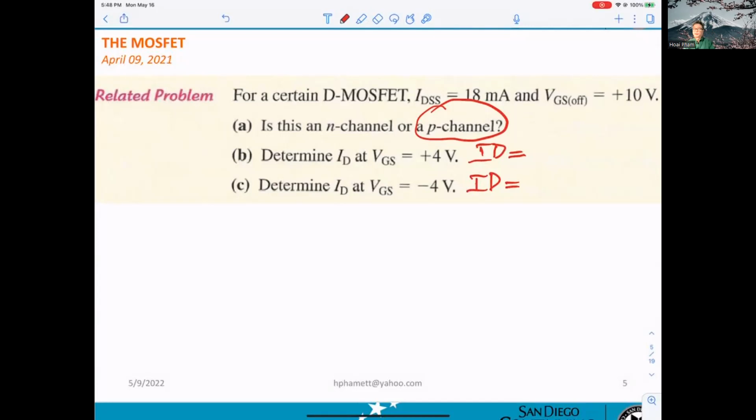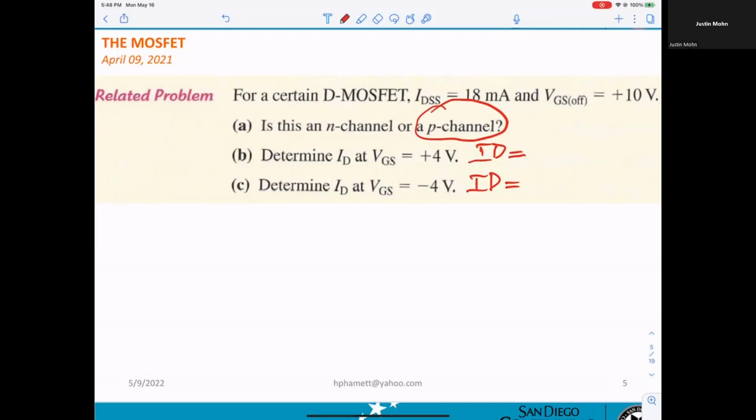Who got the answer for B? Let me know. 6.48 and then 35.28. You mean on number B, 6.48?